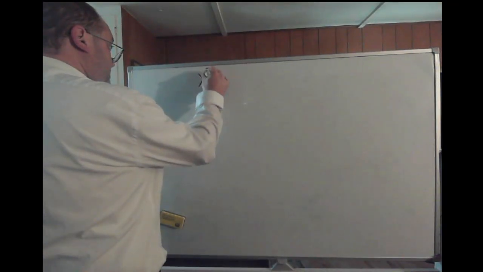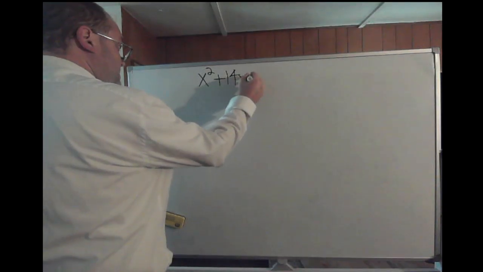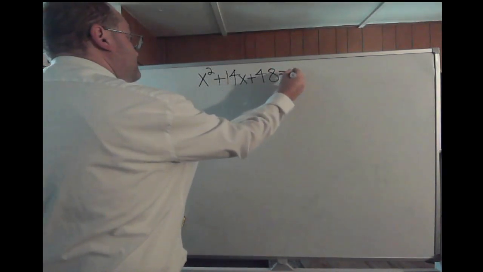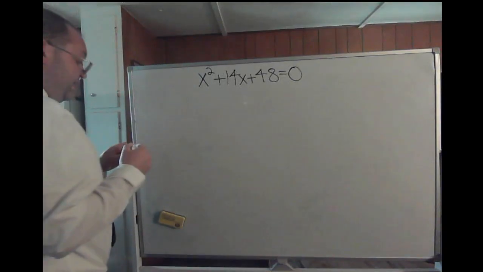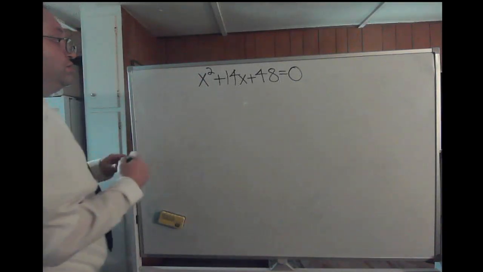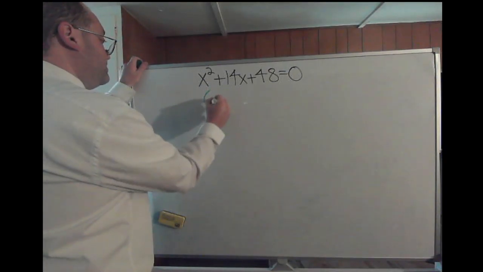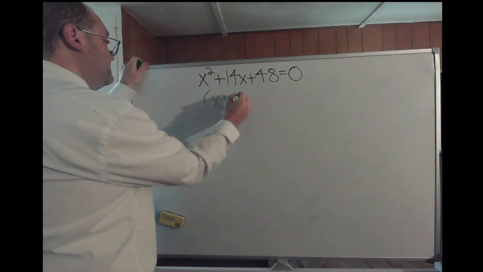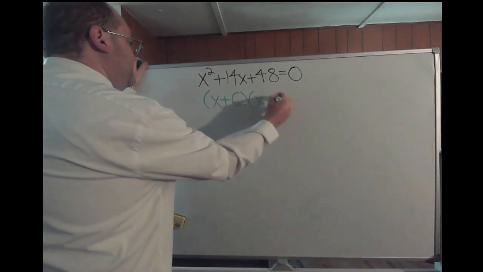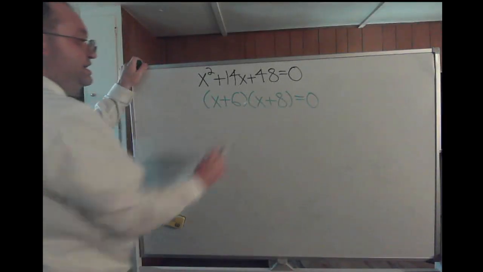Alright, x squared plus 14x plus 48 equals 0. Well, let's go ahead and factor this. If we factor it, you would get x plus 6, that quantity, times x plus 8. Take those, set it equal to 0.